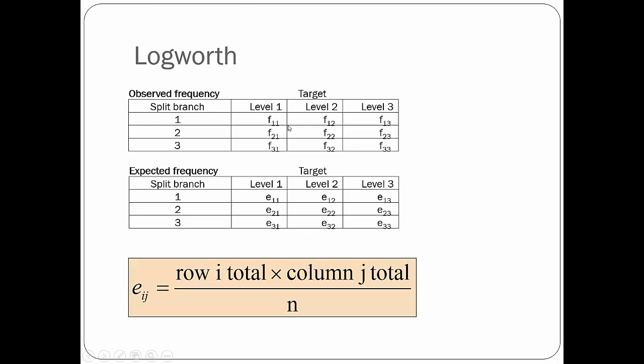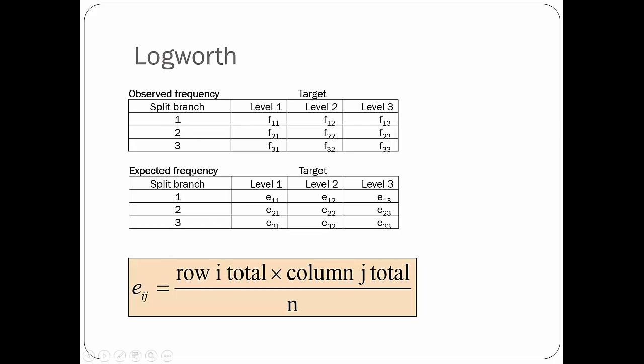Like if all level 1 is here, all level 2 is here, and all level 3 is here, that means it's perfectly correlating with the split, in which case there is complete dependence. You know that if it is split 1, then the target is level 1. You can tell that if you have a completely pure split. So let's keep that in mind.